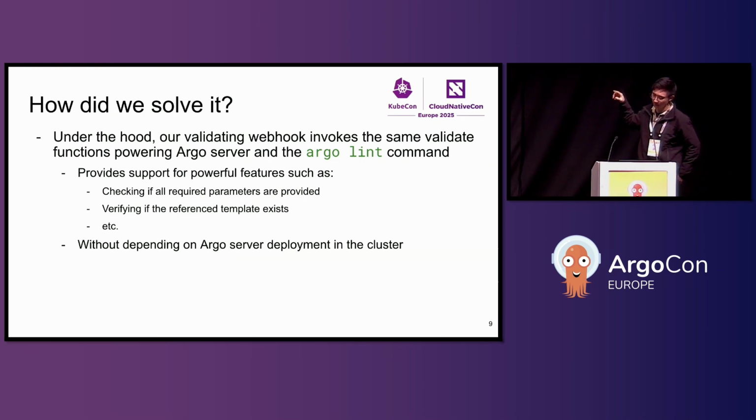It will check if all the required parameters are provided, and then also verify if the template referenced in the Argo workflow actually exists, and many other things. And by calling this validate function instead of the Argo server, we actually drop the dependency on the Argo server deployment in the cluster. So basically, we don't have to have an Argo server in the cluster. We can always just invoke the function and do the same logic.